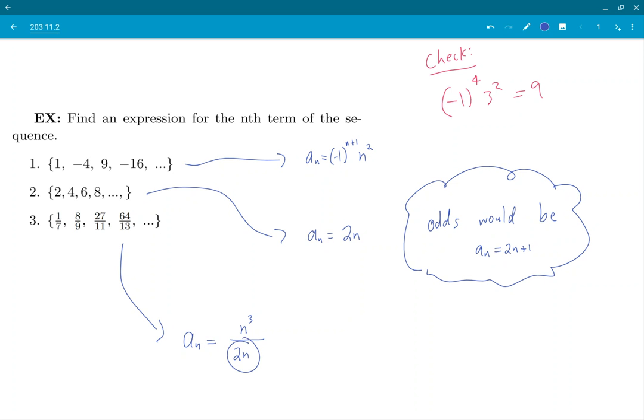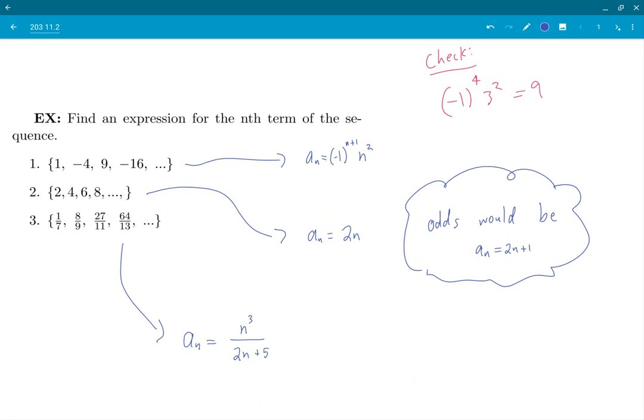The 2n is good, but it's not complete. When I plug n equals 1 here, I get 2, but I want to get 7. So I can fix that by throwing a plus 5 here. Again, I started with the 2n, and then I had to adjust it. This is a common tactic.